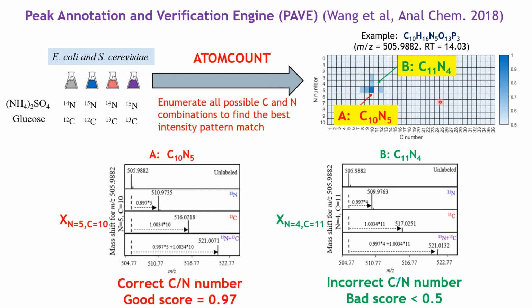There are multiple possible combinations of carbon and nitrogen, either C10N5 or C11N4, but when we look at the intensity pattern between unlabeled and labeled samples, this combination of C10 and N5 gives the best intensity match and a high score. So this was chosen as the carbon and nitrogen number for this peak.